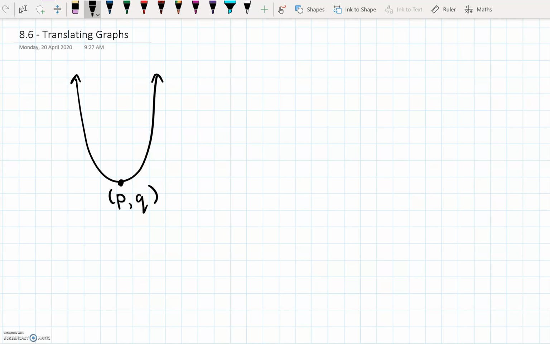Then you know that the function of this parabola is f(x) = a(x - p)² + q. Okay, and that tells us the vertex. Now what this means is that in this formula, I have to be careful there, because p should only be the p, not the minus.